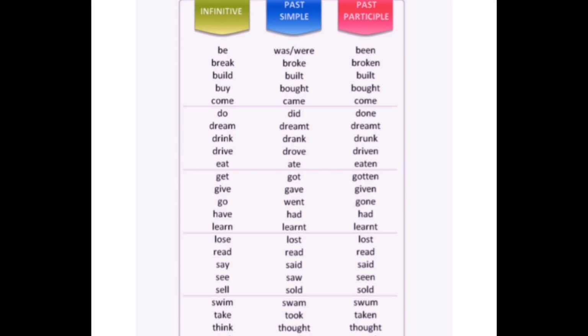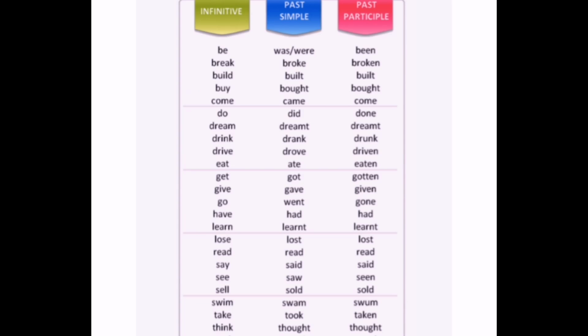Drink, drank, drank. Drive, drove, driven. Eat, ate, eaten. Get, got, gotten. Give, gave, given. Go, went, gone. Have, had, had.